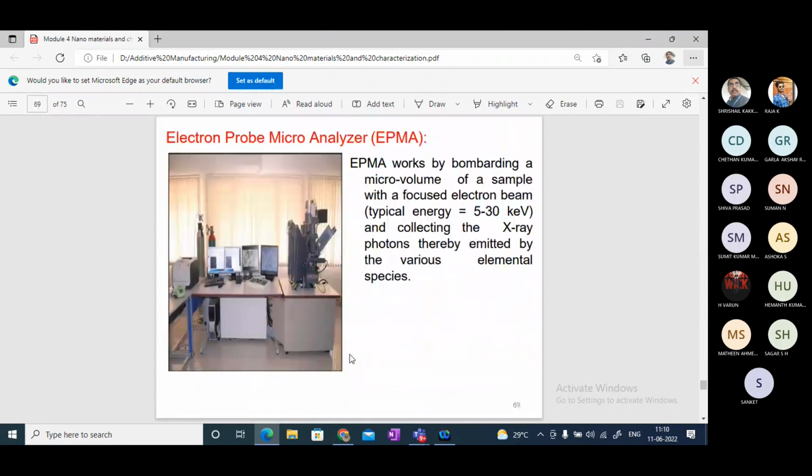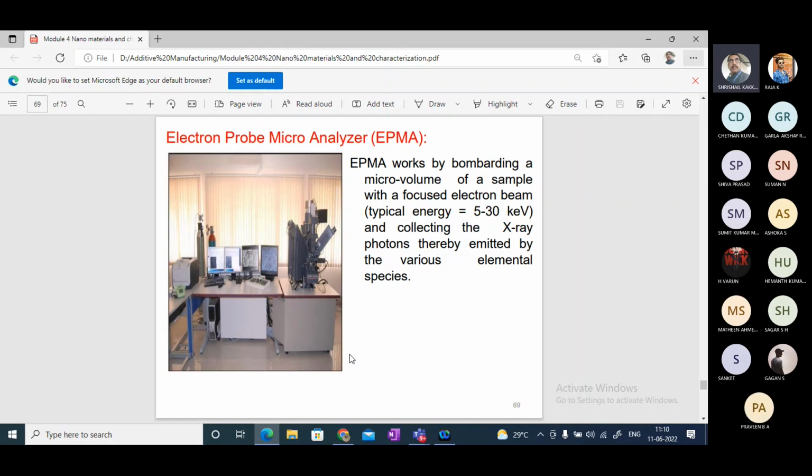Okay. Now let me come to the electron probe microanalyzer. Here, a micro volume of the sample is bombarded with the electron beam, which will give you essential information of the specimen.